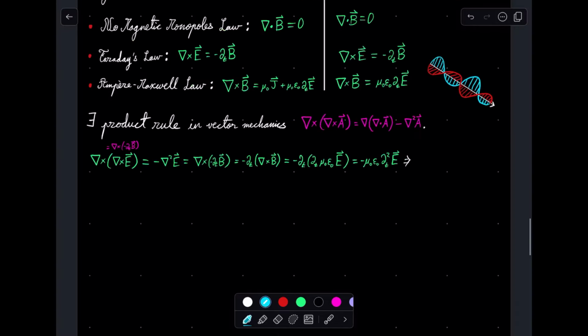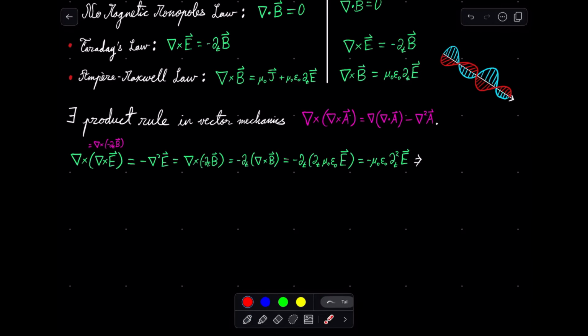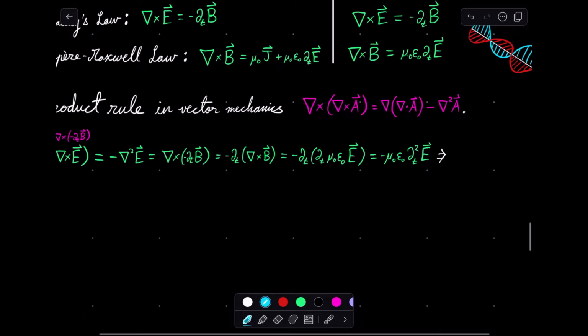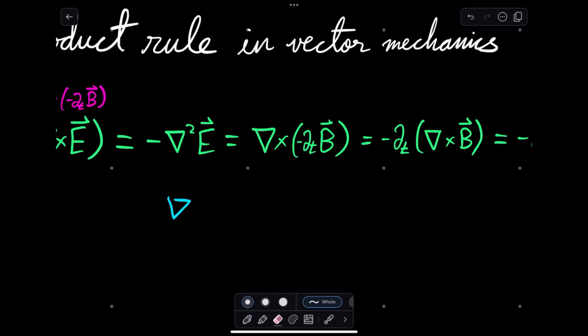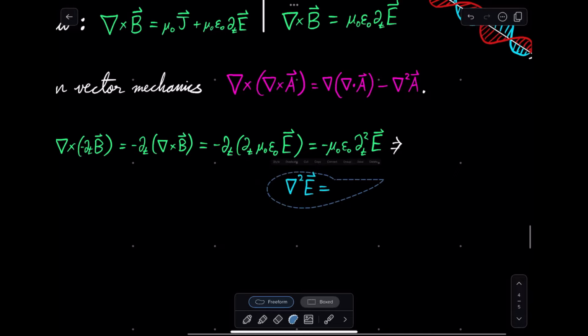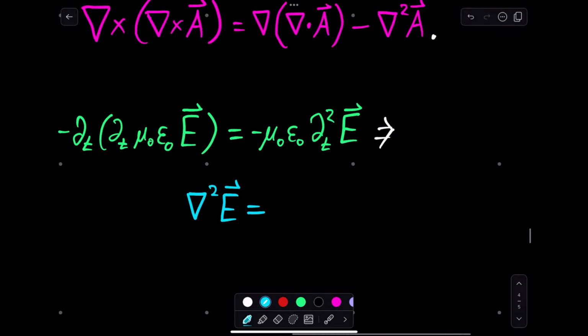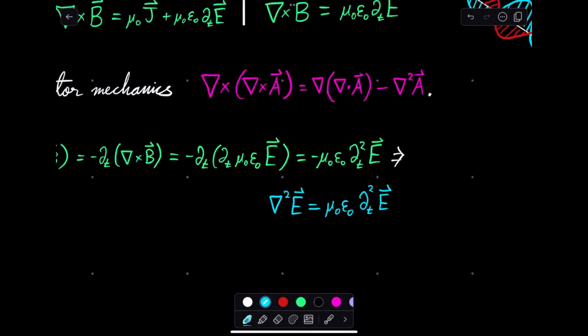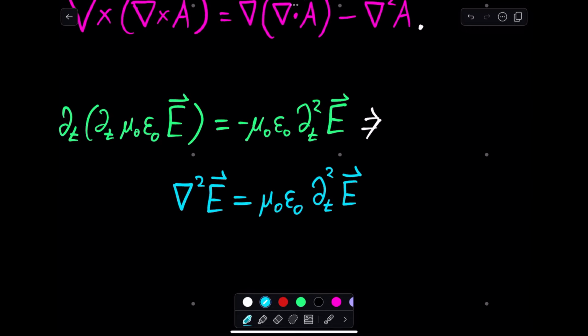This becomes, because there's a common negative sign here, and there's a negative sign here, this just becomes the Laplacian, bad triangle, the Laplacian of the electric field equal to, and then let's take this over here, equal to mu naught epsilon naught time derivative squared of E. So that's what this is equal to.